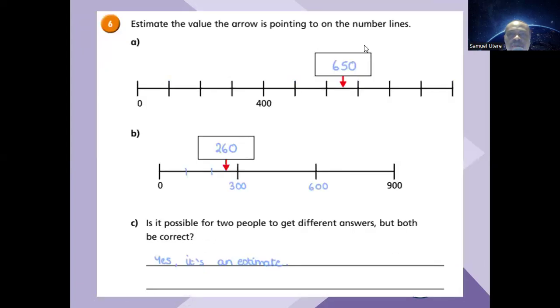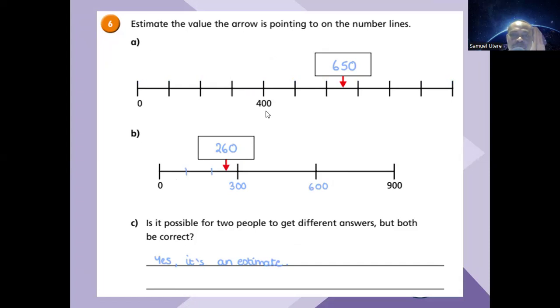Here is the answer to question 6. Here you're asked to estimate the value the arrow is pointing to on the number line. Well, this one we can see that here it's 400. So between 0 and 400, we have 1, 2, 3, 4 intervals.